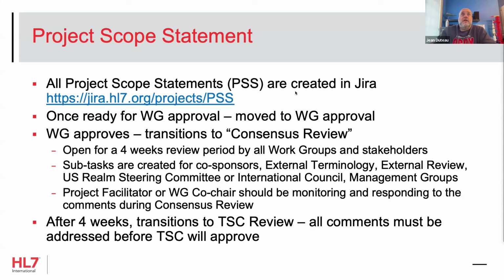The TSC is also looking at you as a work group. This is your 31st project. Are you really able to take this on, right? Or what's the timeline of this? Does this meet something else? Does this match some other project? Things like that. But normally the TSC, once you've gotten all of your approvals for most projects, they'll approve it in an email vote pretty easily.